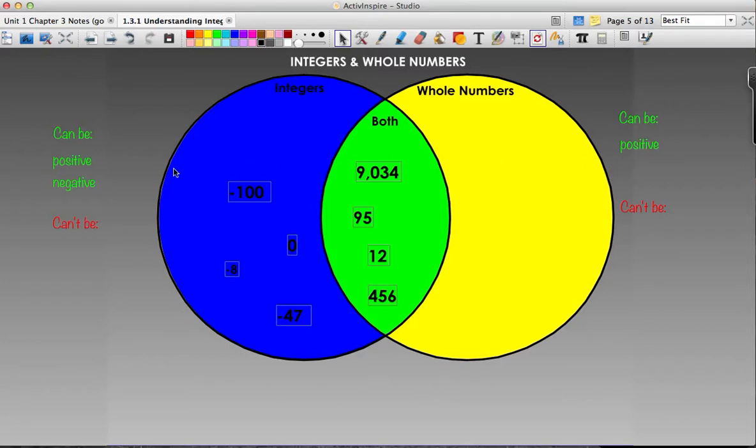So since integers can be positive and whole numbers are positive, all whole numbers are integers. The only thing here is that integers can be negative, so your negatives would only fit in this category. Integers can't be fractions or decimals, and whole numbers can't be negative, fractions, or decimals. So there's really just that whole negative part that differentiates between a whole number and an integer.